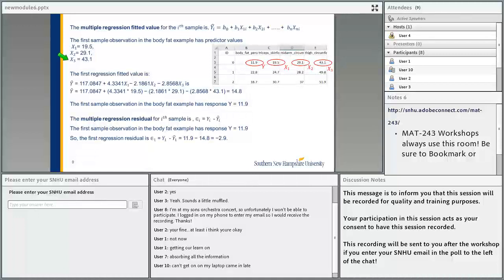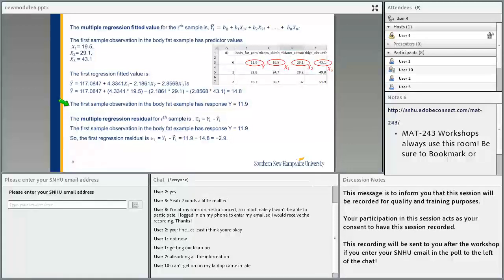So the first set of values are here, 19.5, 29.1, and 43.1. So the first regression fitted value or expected value is y hat equals, this is the equation. And in the next line, I have plugged in the values for x1, x2, and x3. So you can see x1 is 19.5. Then for x2, I plug in 29.1. For x3, we plug in 43.1. Then we calculate that, it comes out to be 14.8.